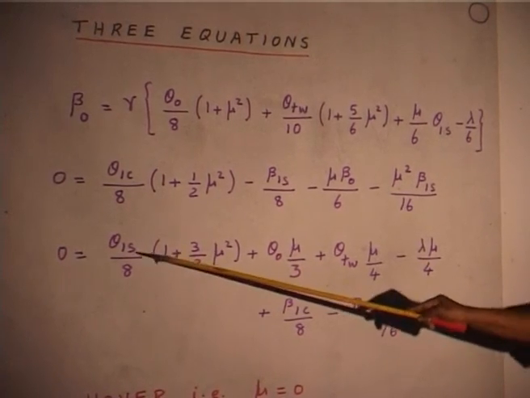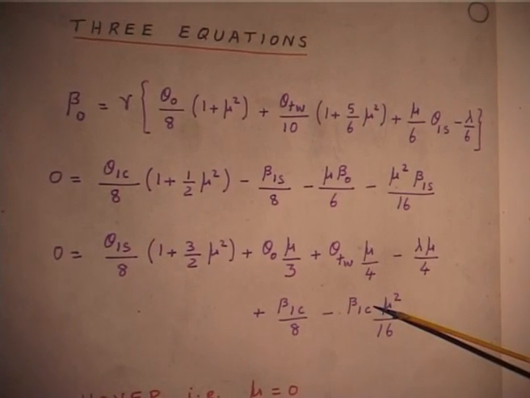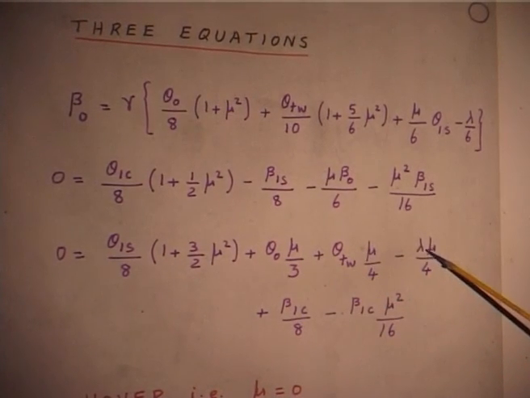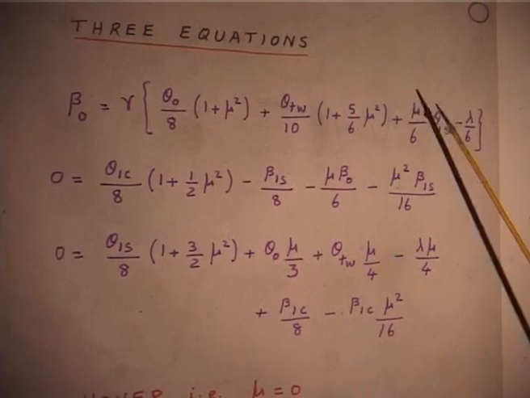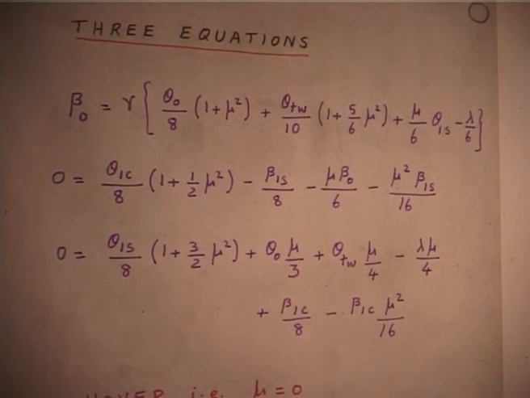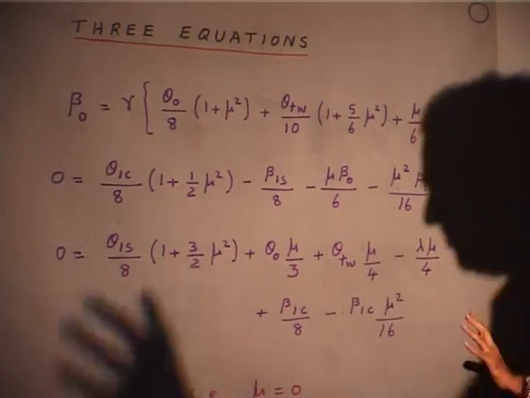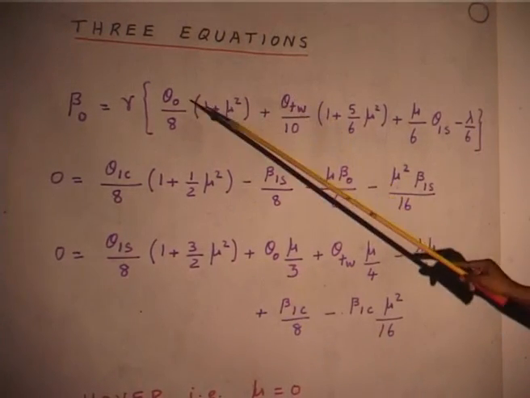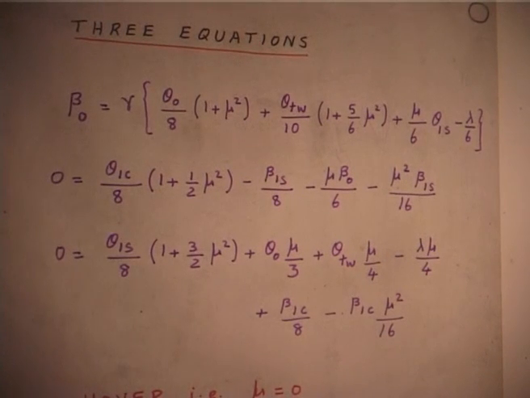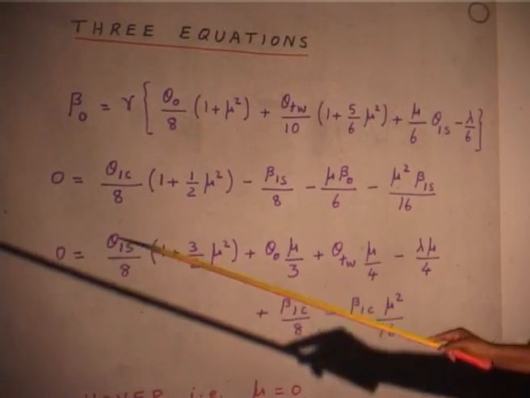And then here is the beta 1 c. Beta 1 c you can directly get it, but it requires lambda. Please understand, you need to know lambda inflow. So, if you are given theta naught, theta 1 c, theta 1 s, mu, lambda, gamma, you can get beta naught, beta 1 c, beta 1 s.